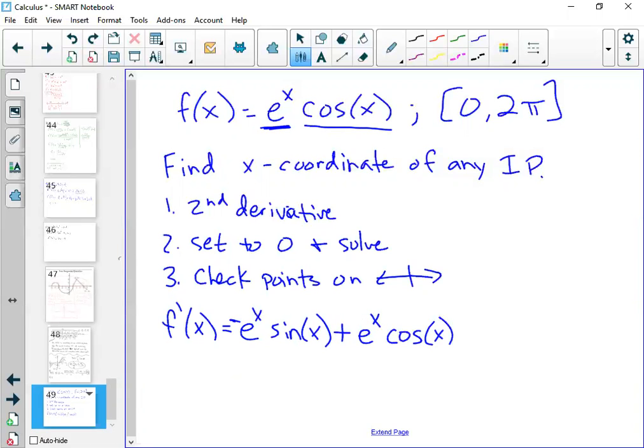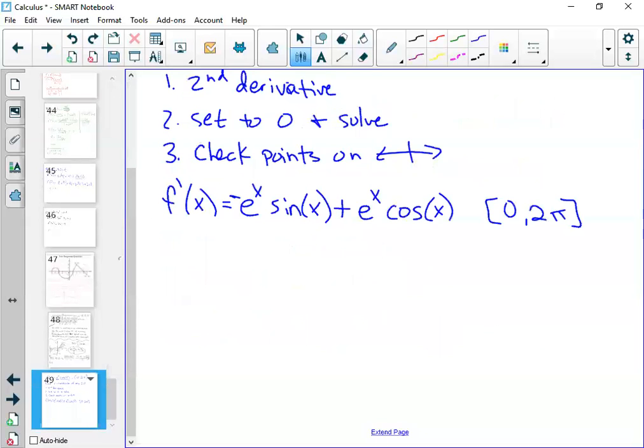The derivative of e to the x is still just e to the x. So there we go, there's the first derivative. And if you need that reminder, you can just put the domain back on your derivative as well, so you don't forget about it.